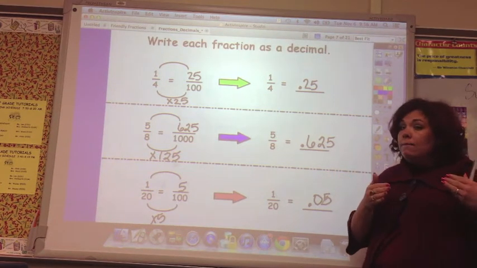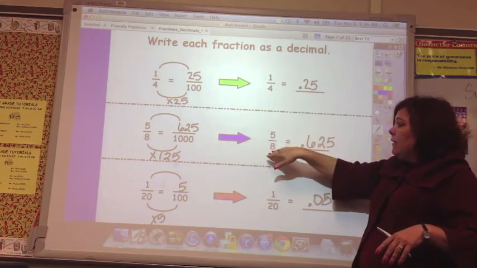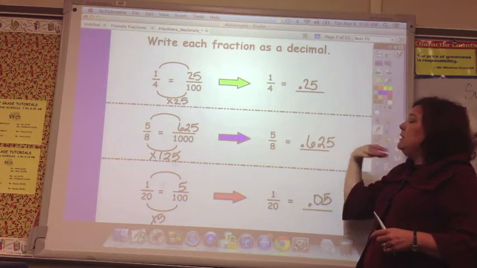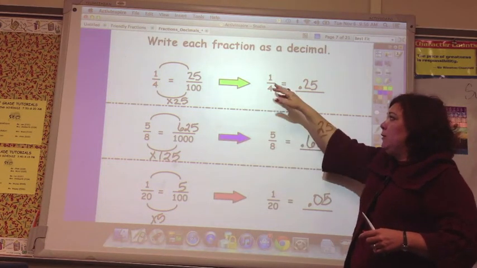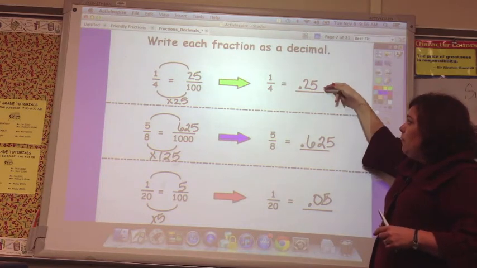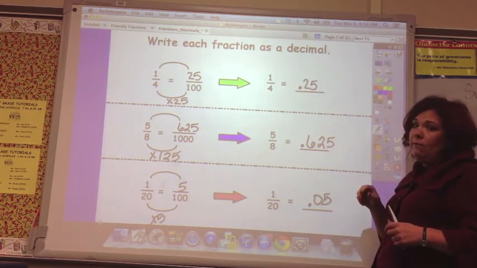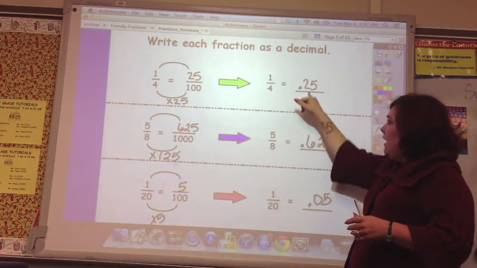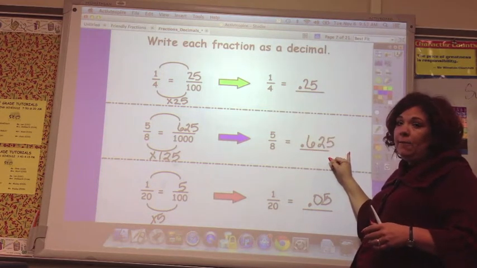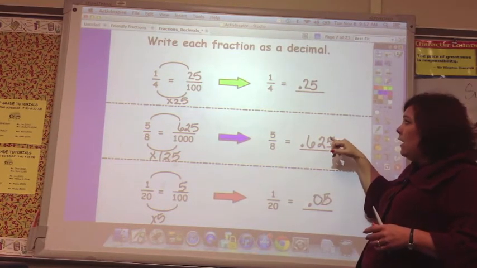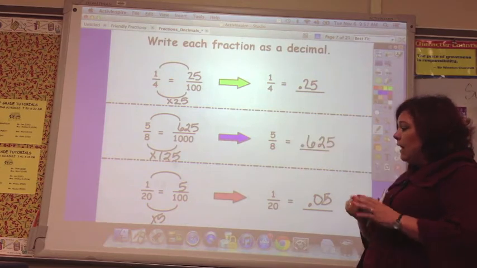Now, before we looked at ordering fractions, and you got real good at doing it, and using models, you'd easily be able to see that 5/8 is bigger than 1/4. But if you're just looking at decimals, 0.25, 0.625, then it's easy to see by place value that 5/8 is a lot bigger. So you're going to like comparing and putting decimals on a number line better than fractions.